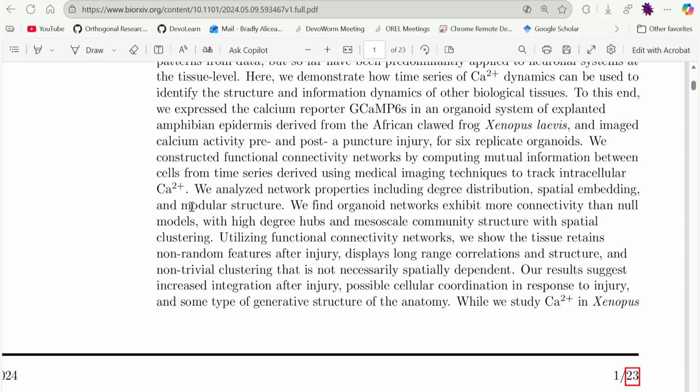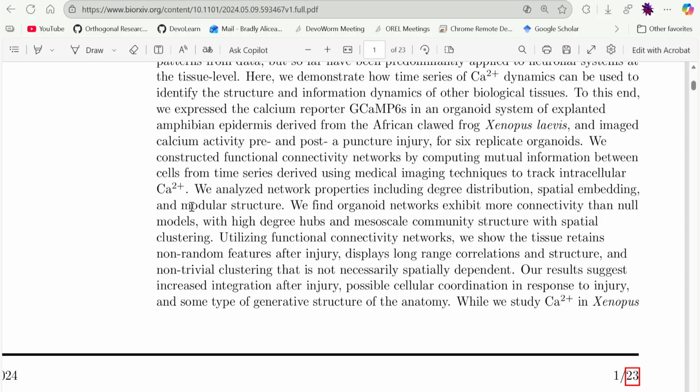And we have this community structure, which means that you have these groups that exist within the network, and they represent things like different parts of a tissue or different cell types that contribute to the formation of a tissue. So there's a spatial clustering, there's community structure, meaning that there are subgroups in the network, and that relates to its ability to form tissue.